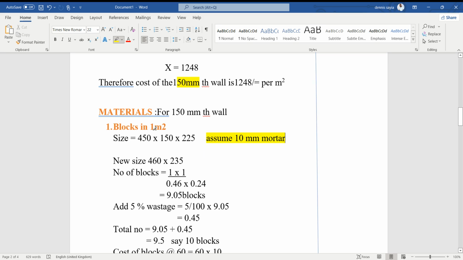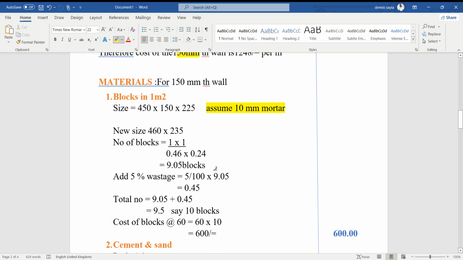So the number of blocks will be one by one, because we want to find the number of blocks along a 1 meter square wall. That is one length times the one depth. So we have 1 times 1 over 0.46 times 0.24. That gives us 9.05 blocks.